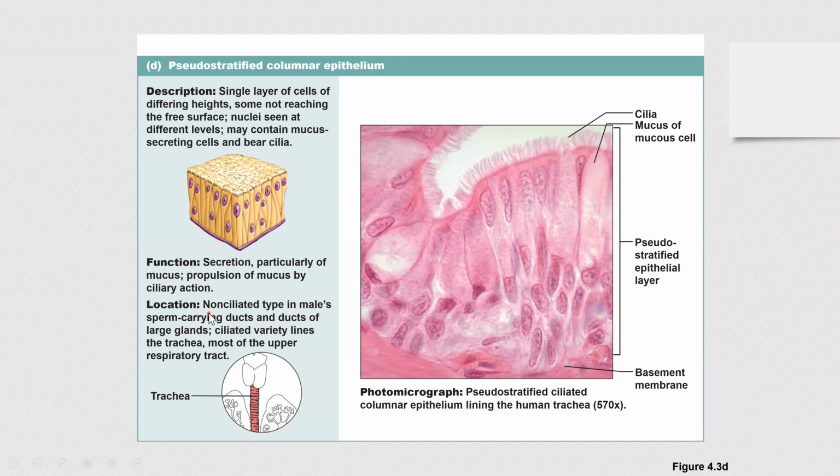Location: the non-ciliated type is in males, in sperm-carrying ducts and ducts of large glands, and the ciliated variety lines the trachea and most of the upper respiratory tract. So very often we call this epithelium respiratory epithelium because it's found in most of your upper respiratory tract.